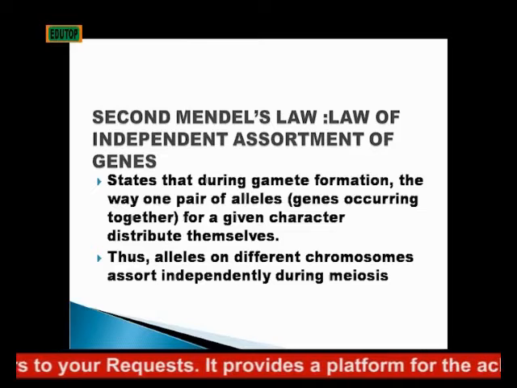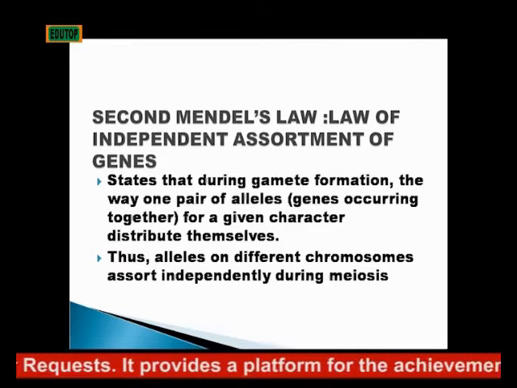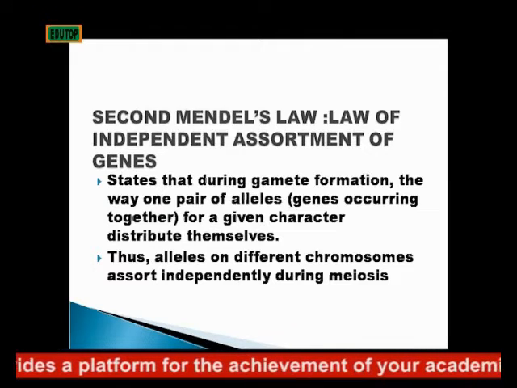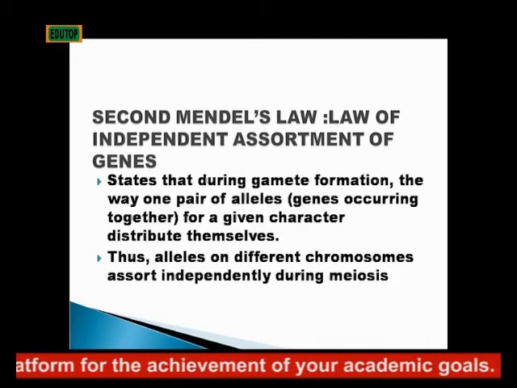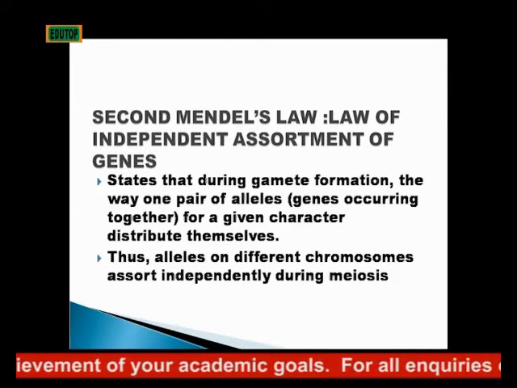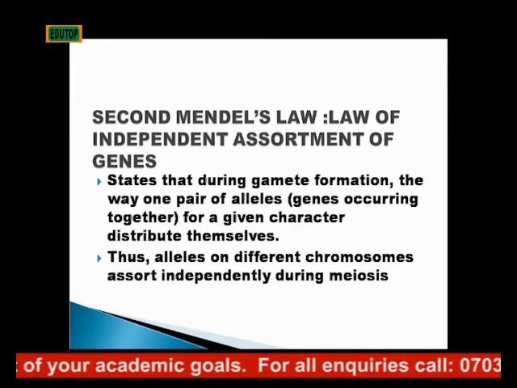So I take that law again. The law of independent assortment of genes, or the second law of Mendel, states that during gamete formation, the way one pair of alleles, that is genes occurring together for a given character, distribute themselves.